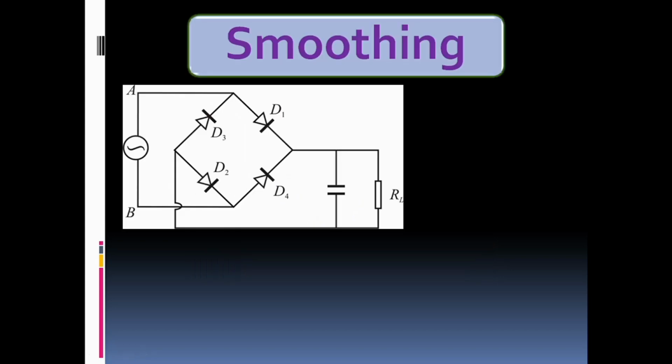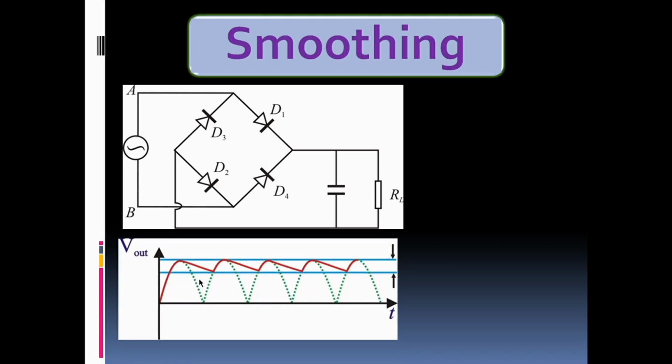Now if we connect a capacitor in parallel to RL as we did in half wave rectification, we can smooth the variation of output voltage like this. Now you can see this is the voltage variation with the capacitor, and the dotted or green line is the output voltage variation without the capacitor.